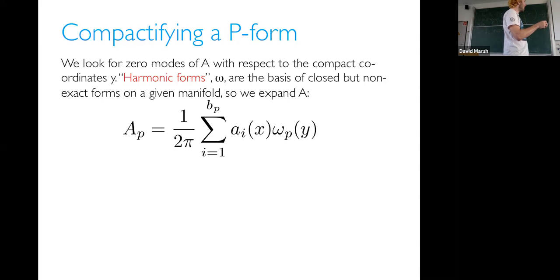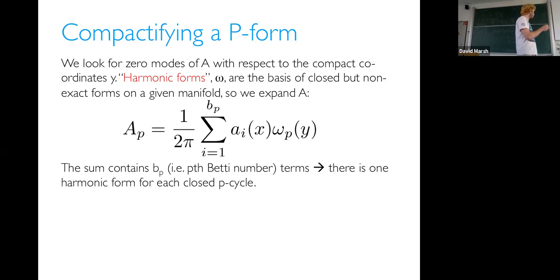So these things, omega_p, are like the photons living on the compact manifold. And then the A_i are the intensity, how many of each different polarization of photon, if you like, are living on the compact manifold. But to us, it just looks like a scalar function, A, the intensity, the amount of energy density in that photon.